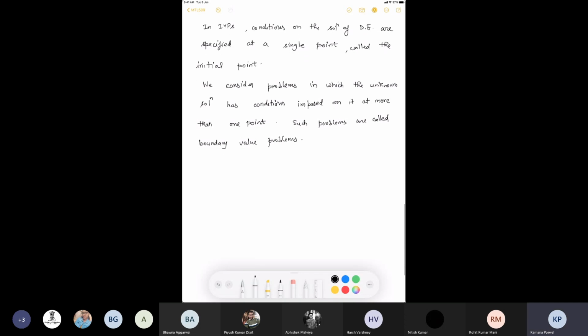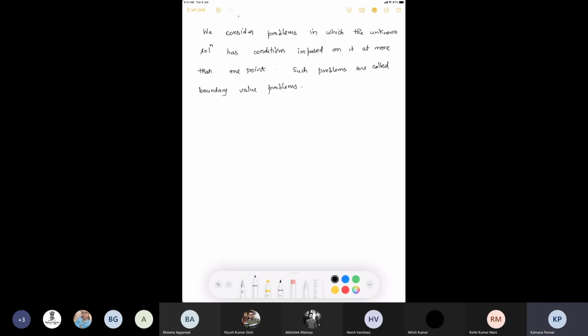All right. So in particular, I'm just going to consider this specific boundary value problem. This is a second order differential equation: d2y by dx squared equals f, which is a function of x, and it can depend on y and the first derivative of y.